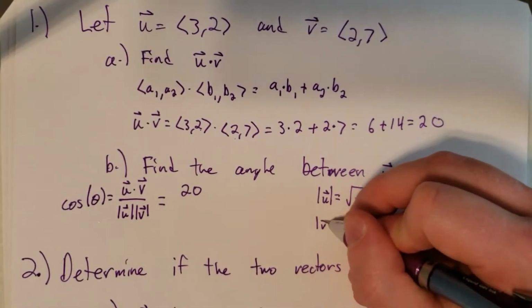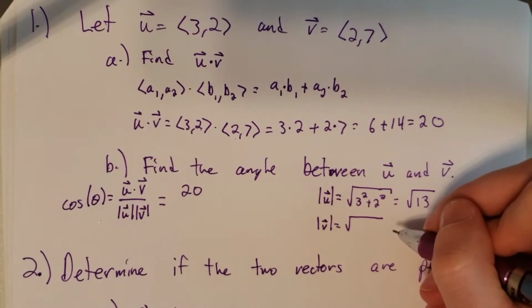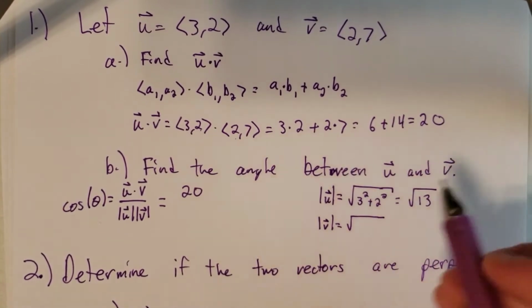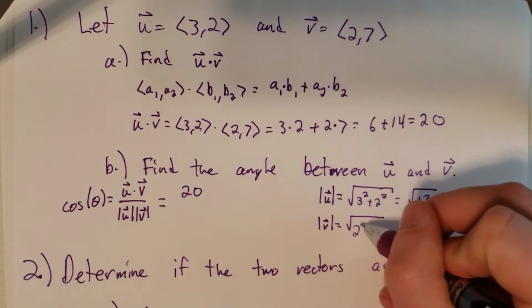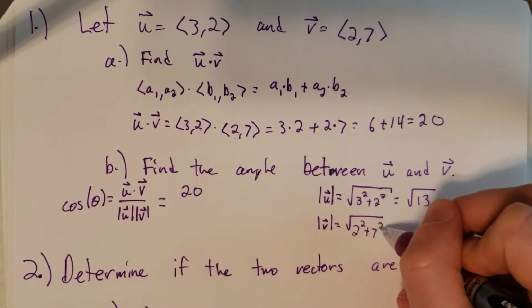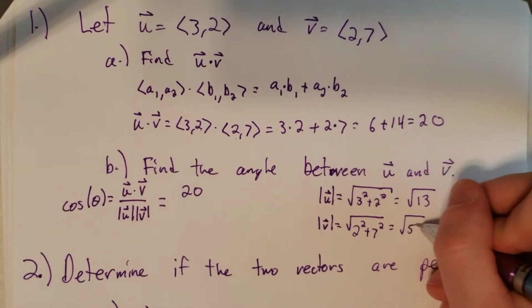The magnitude of v is the square root of 2 squared plus 7 squared. 7 squared is 49, 2 squared is 4, so this is the square root of 53.